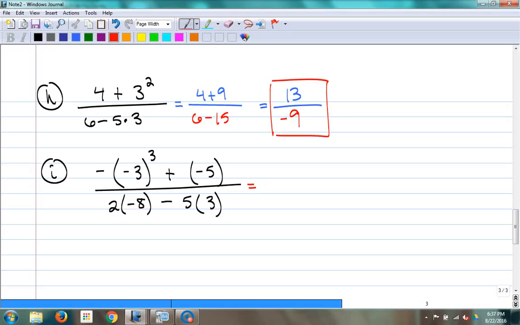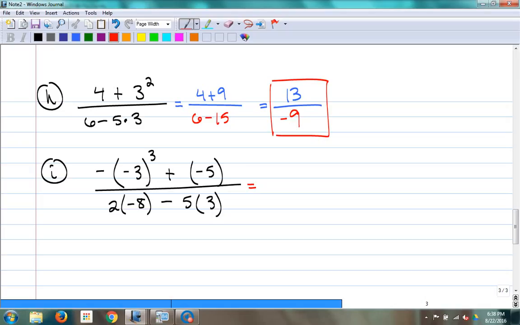Because to me, it hyper-focuses me and says, hey, you got to look at this thing, and it's a negative 3 to the third power. Negative 3 times negative 3 times negative 3. Positive or negative? This part is negative, and then this is what turns it to a positive. End result is a positive 27 because of this negative out in front.